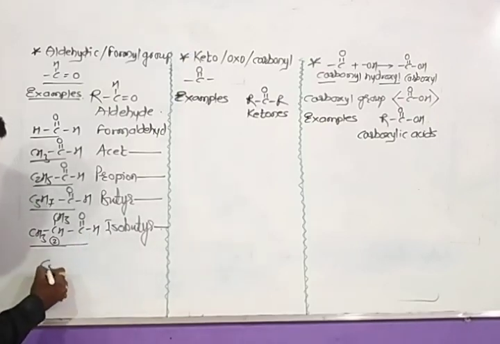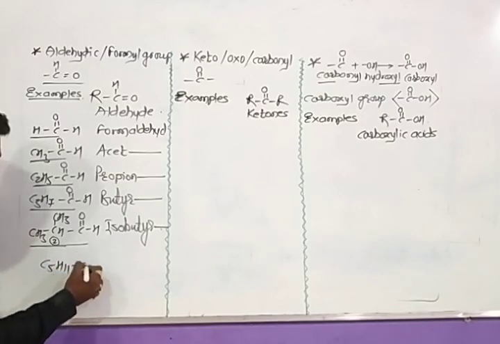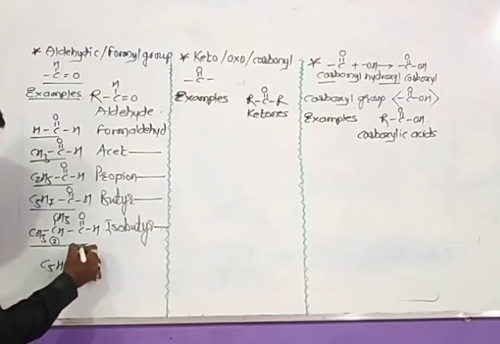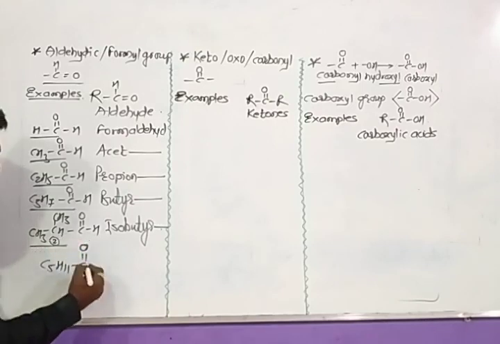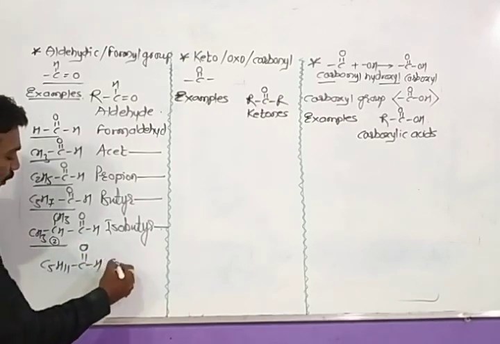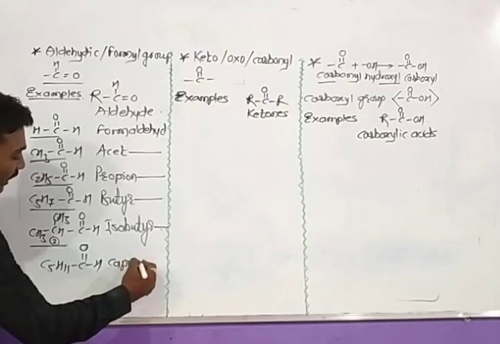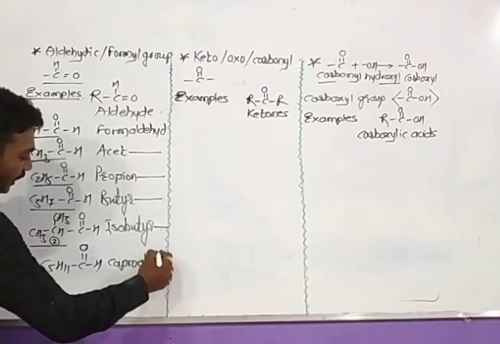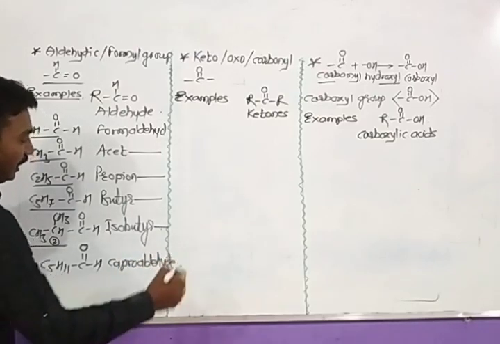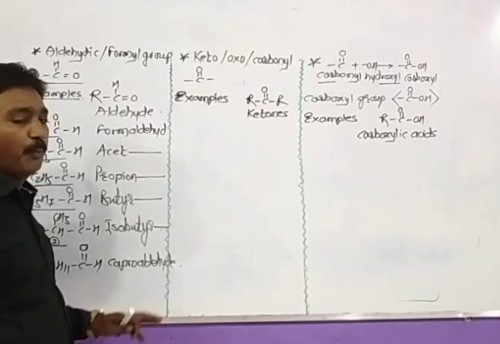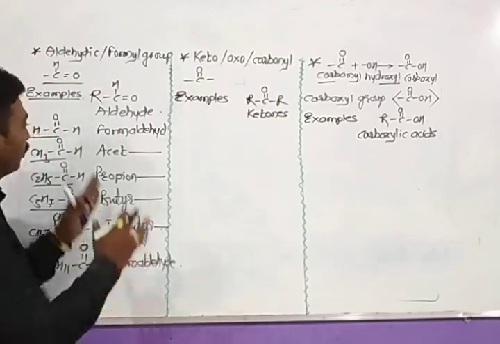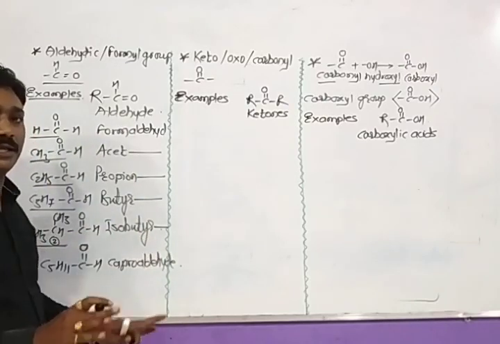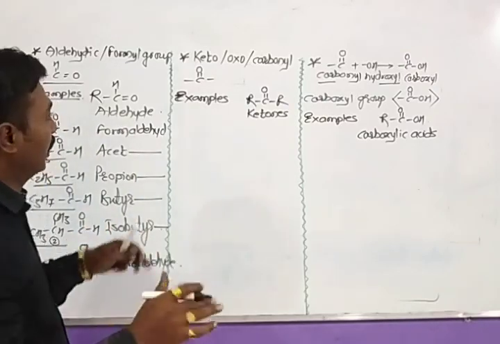For example, if C5H11 is attached to the carbon atom and double bonded oxygen is present, the name of such a compound will start from capro, and therefore it will be caproaldehyde in the common system. The common names are possible only up to the possibility of alkyl groups and different types of prefixes. After that, the common names are not possible.